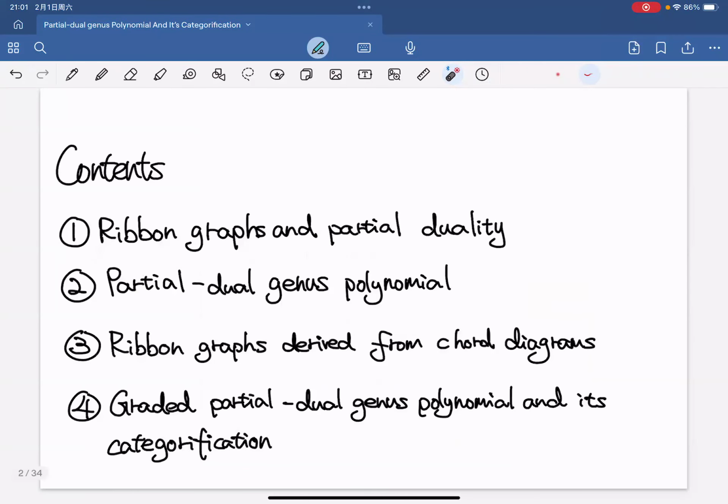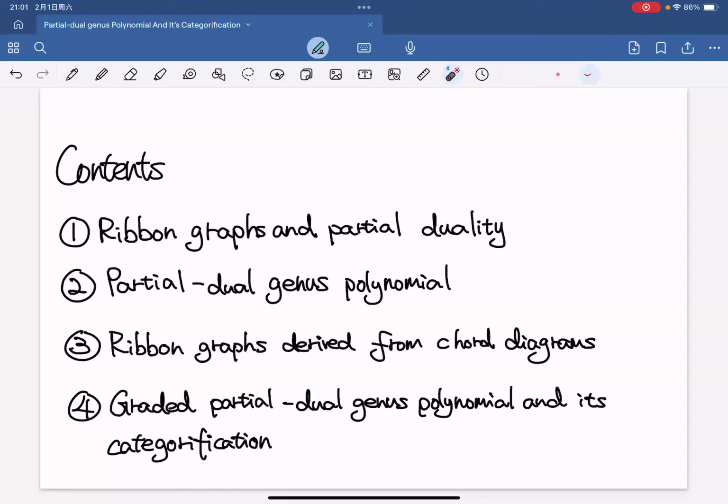Well, my talk consists of 4 parts. First, I will give a very quick review of ribbon graphs and partial duality. And second, I will give a very quick introduction to the partial dual genus polynomial. And this talk contains 2 results.